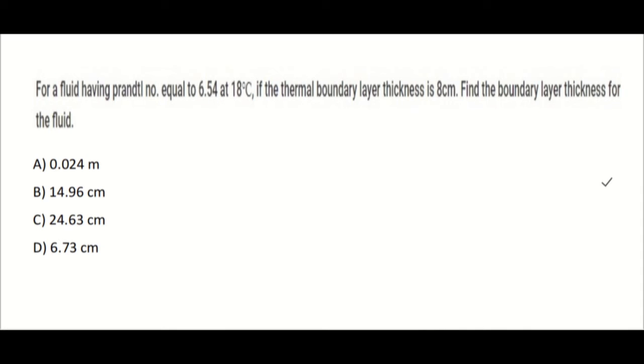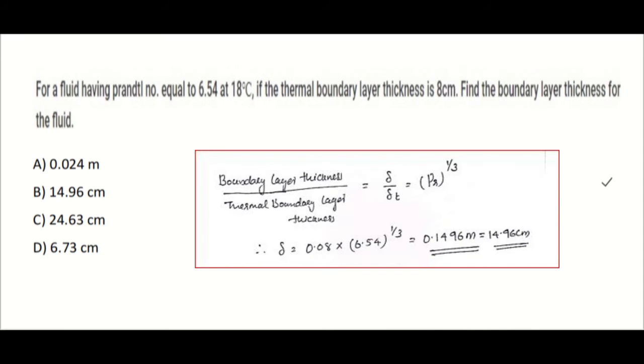A fluid having Prandtl number equal to 6.5 at 18 degrees Celsius. The thermal boundary layer thickness is 8 centimeter. Find the boundary layer thickness of the fluid. For a fluid having a Prandtl number, first we need to know the relation between the Prandtl number and the boundary layer thickness.